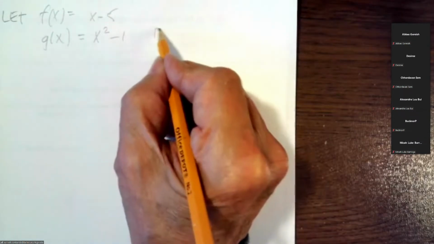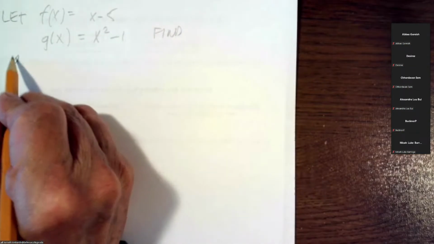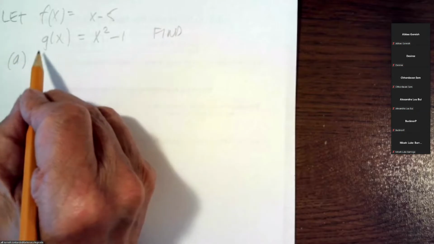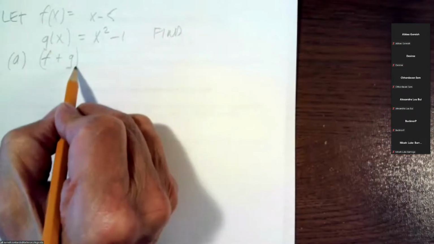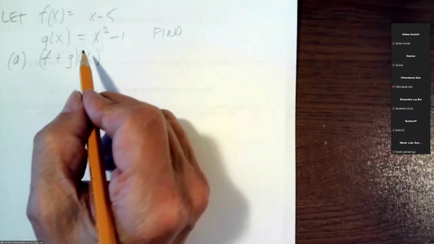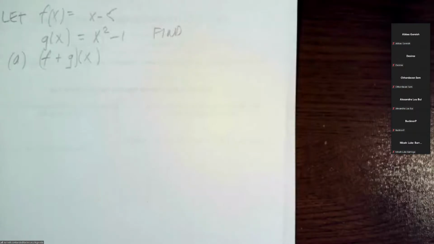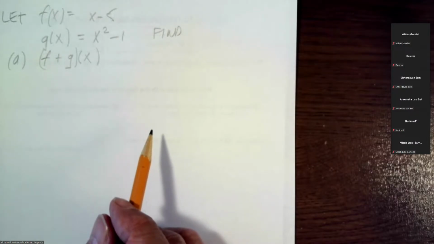And then I say find the following. Let's say find f plus g of x. Are we able to find f plus g of x? So let's see, what would we do?